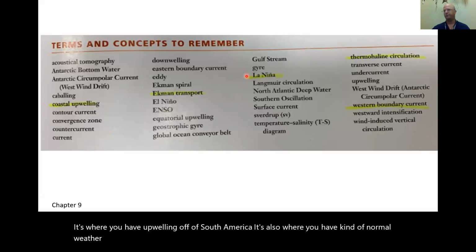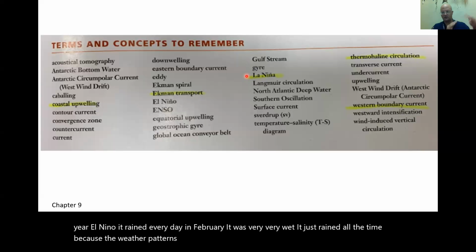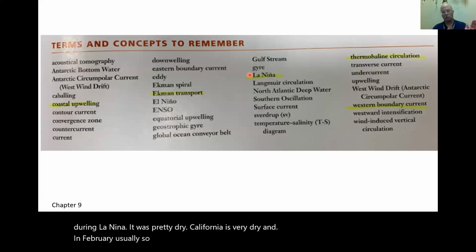So if you think about when I lived in California during an El Nino year, it rained every day in February. It was very, very wet. It just rained all the time because the weather patterns had shifted over, right? So the high pressure had moved. During La Nina, it was pretty dry. California is very dry in February usually. So you have these kind of large scale global shifts.